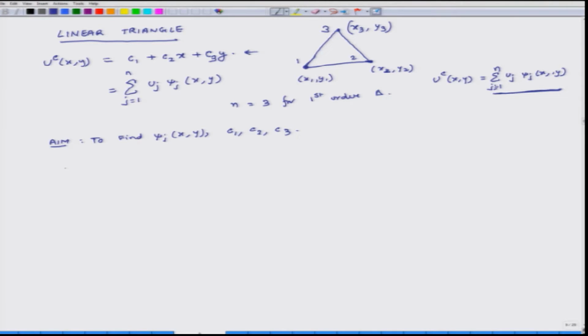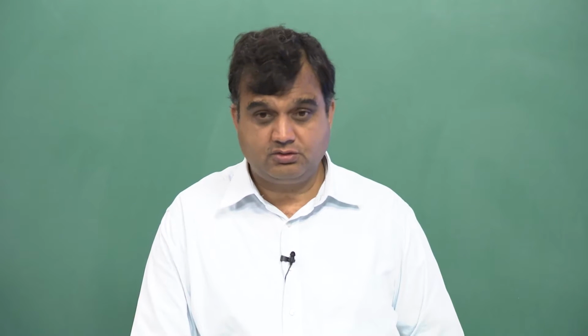Now, what is the value? For node 1, u(x1, y1). At node 1, what will be the value of u? It will be u at x1, y1, and that equals, if I call this relation 1 and this relation 2, then using relation 2, psi 1 at node 1 is 1, psi 2 at node 1 is 0, psi 3 at node 1 is 0.